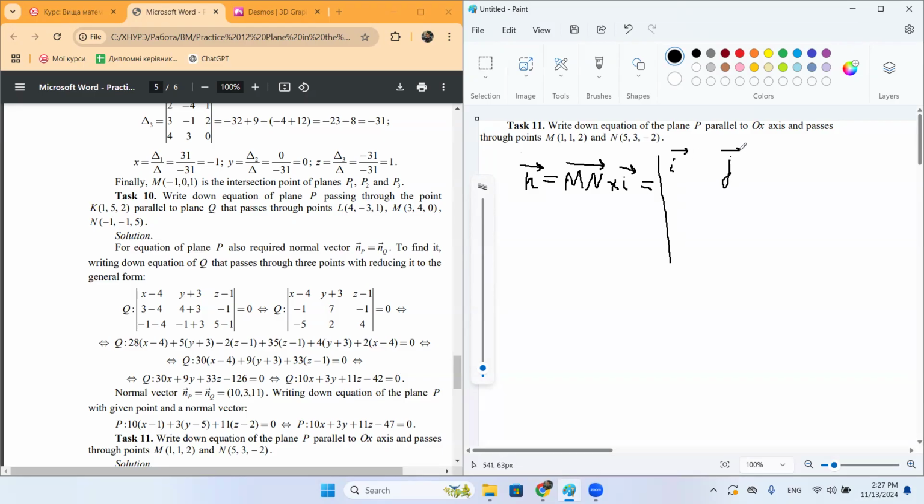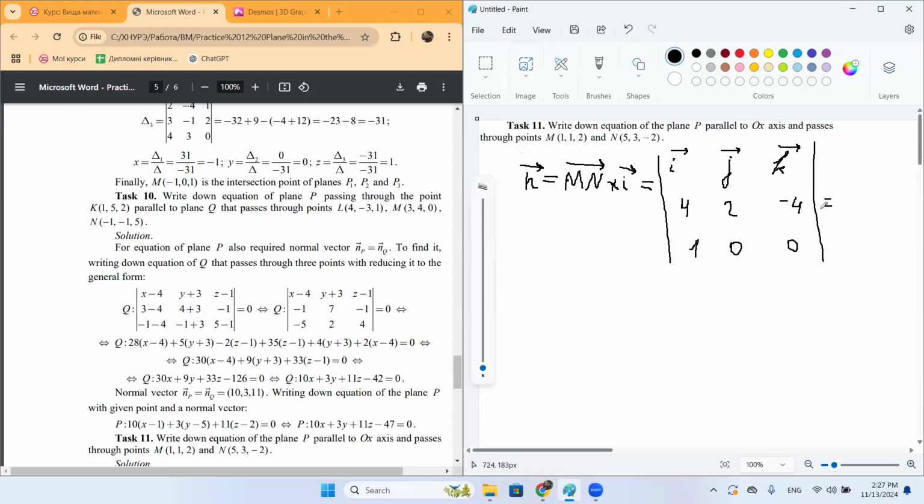We would solve it in one way. It will be enough, and it's even easier than the task before because there are not a lot of calculations. So vector MN has coordinates 4, 2, and -4. And here just 1, 0, and 0.